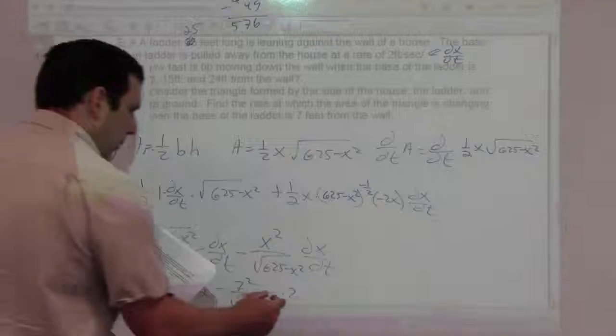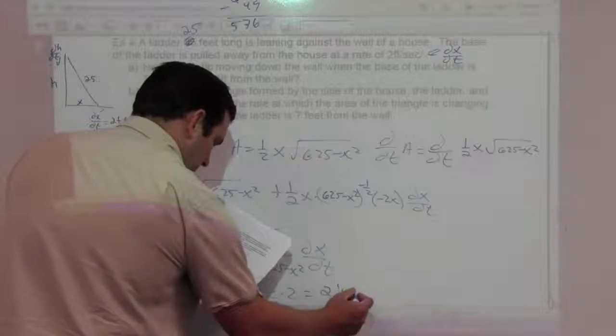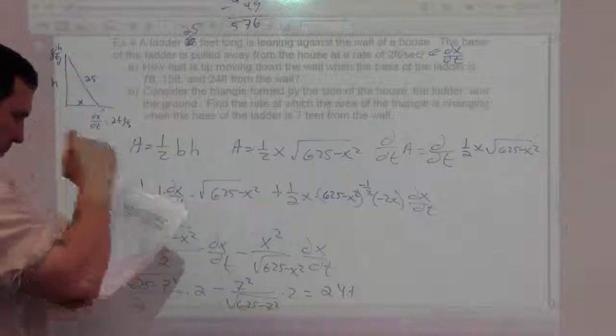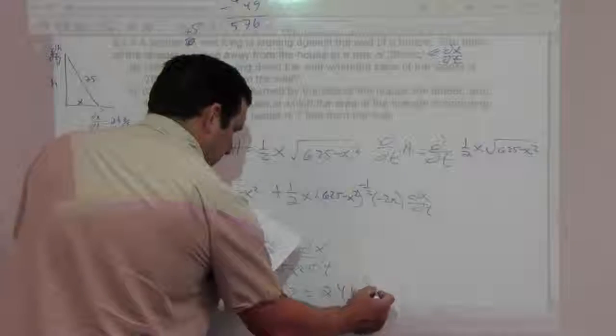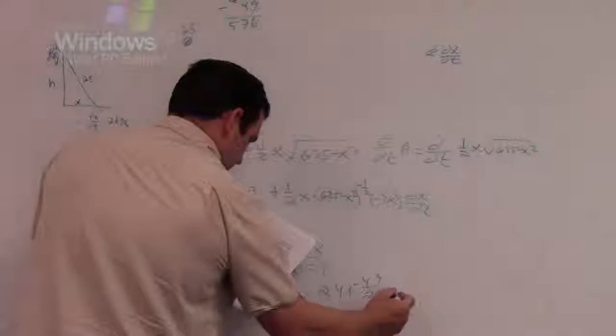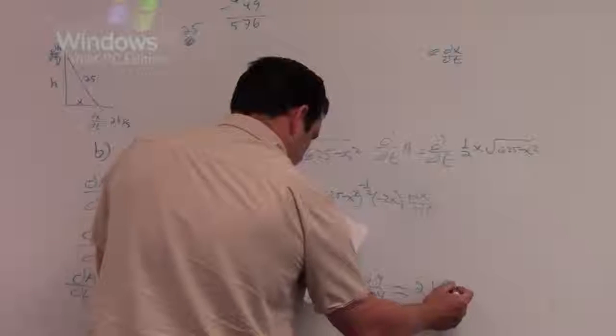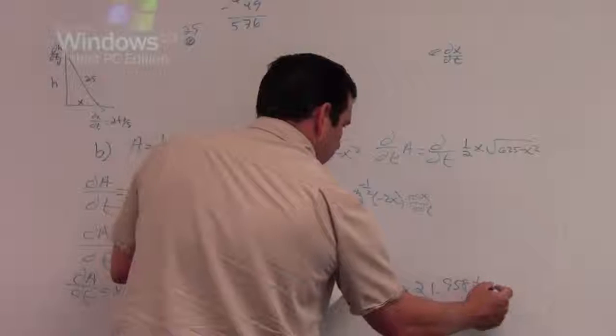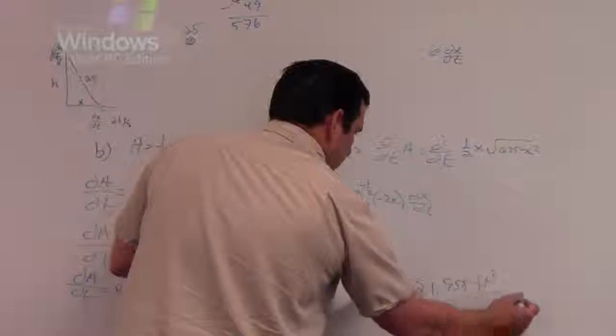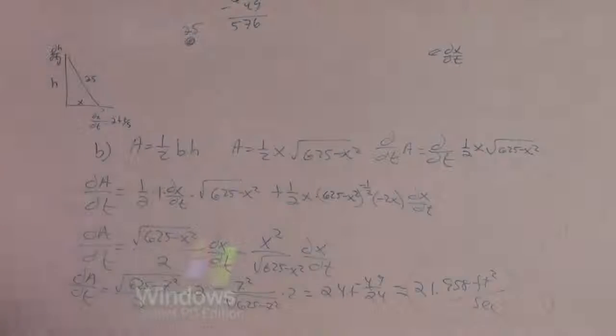Okay, we end up with 24 plus negative 49 over 24, which is approximately 21.958 square feet per second. That's how that ends.